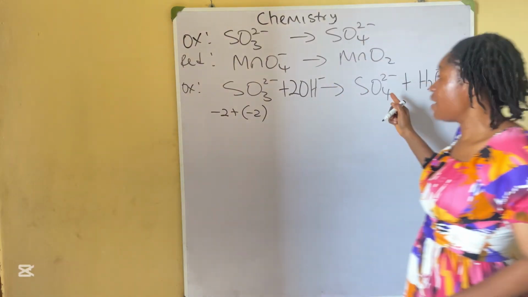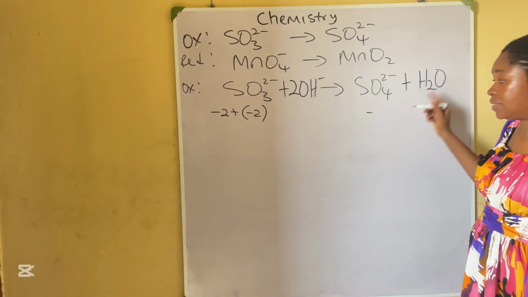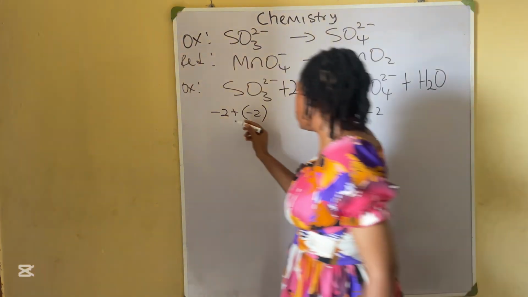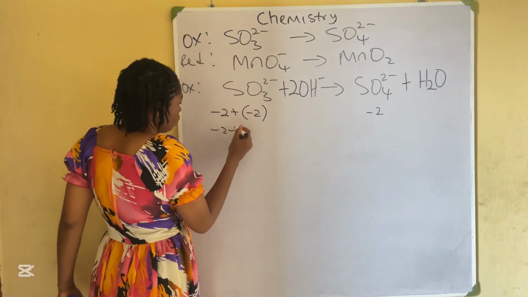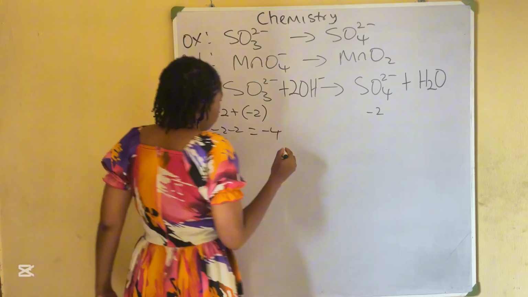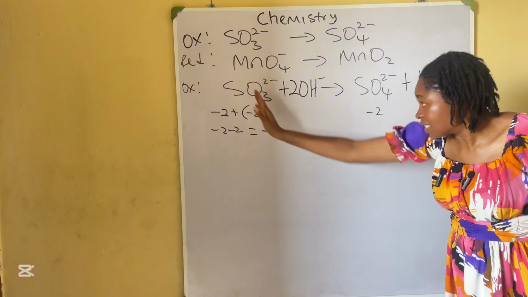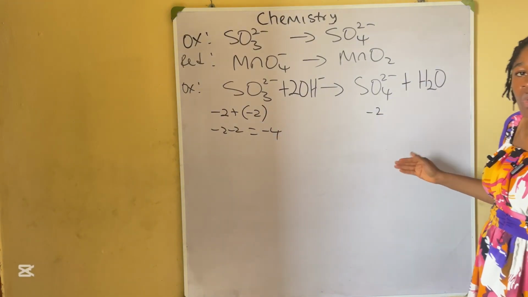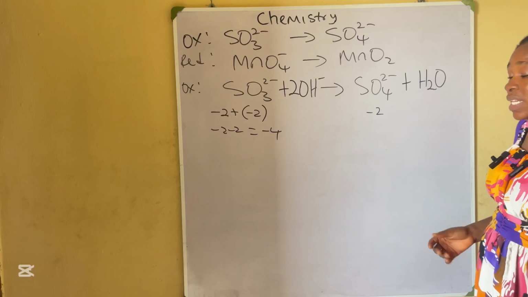On the product side, I have minus 2; the water does not have any charge. You can see the charges are not balanced: I have minus 4 on one side and minus 2 on the other. So remember, to balance the charge, we use electrons.